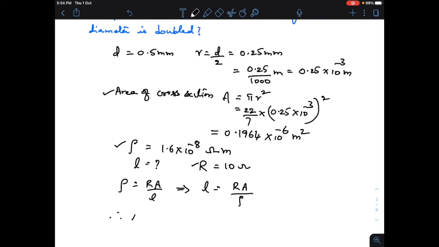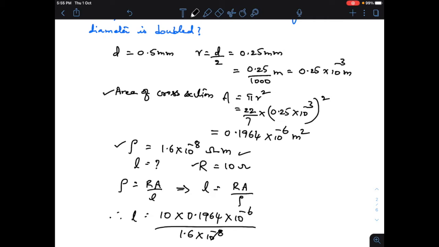Therefore, L is equal to, let us substitute, R is 10 into area 0.1964 into 10 power minus 6, by rho which is 1.6 into 10 to the power of minus 8.